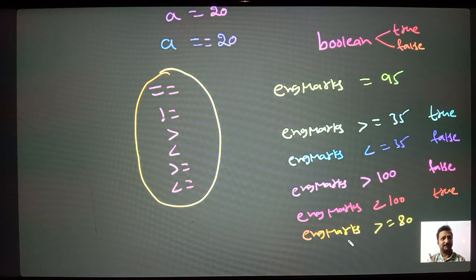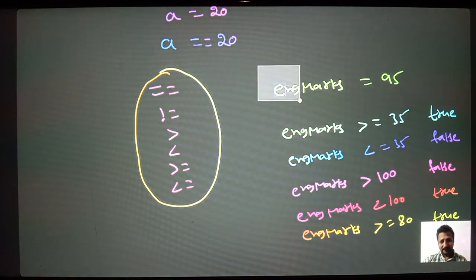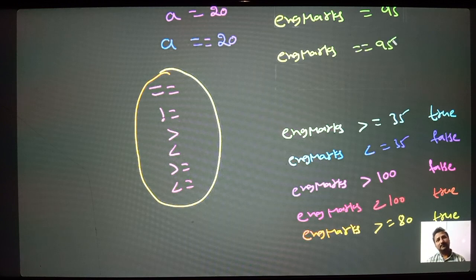Or means any one. This also generates true. And if I say English marks double equal to 95, true. True only. It generates true only.